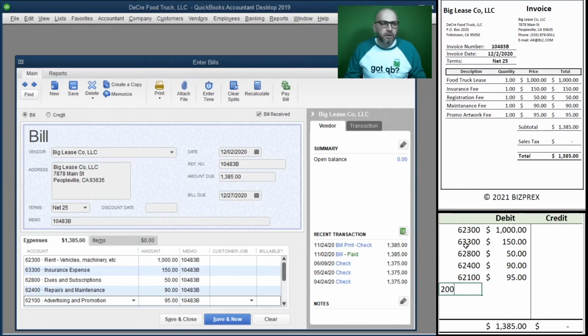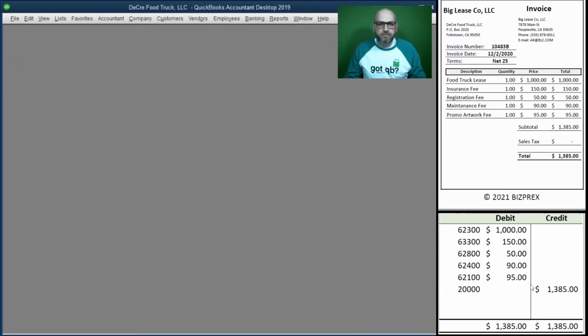It's just like the one before that, account 20,000, goes up, and that's our accounts payable. So here we are, debits and credits are in balance. So where are debits and credits on this interface, right? This amount right here is going to be hitting our account 20,000. It will increase our accounts payable. So this is the credit for account 20,000. These amounts right here are debits for the corresponding expense accounts, because debits increase expenses. So here we are, save and close.